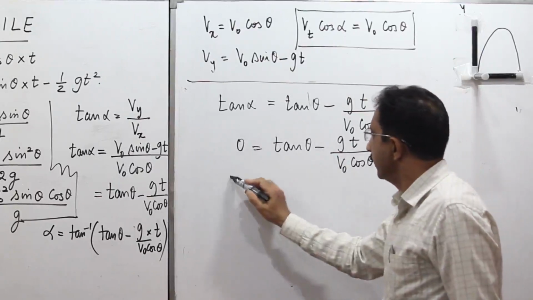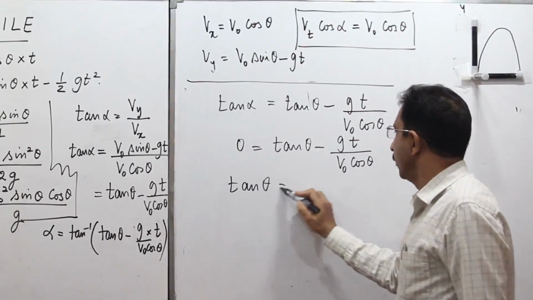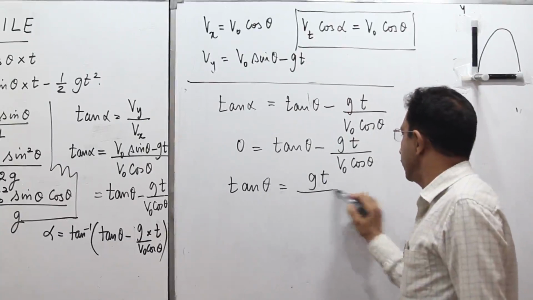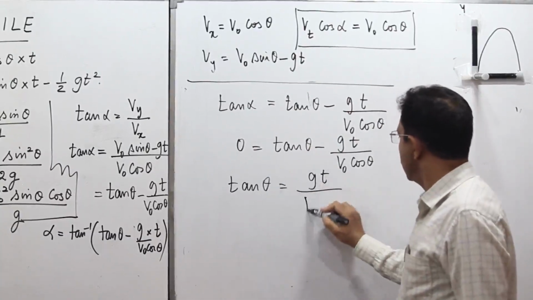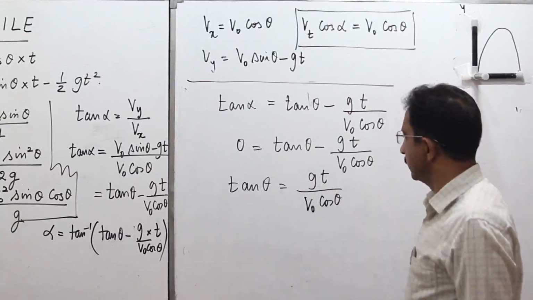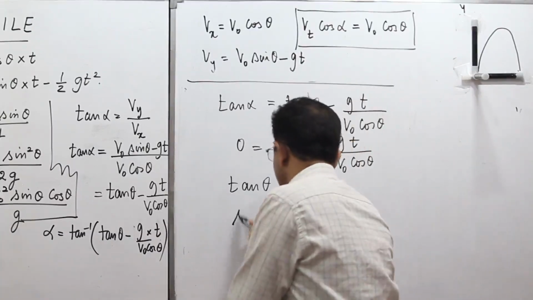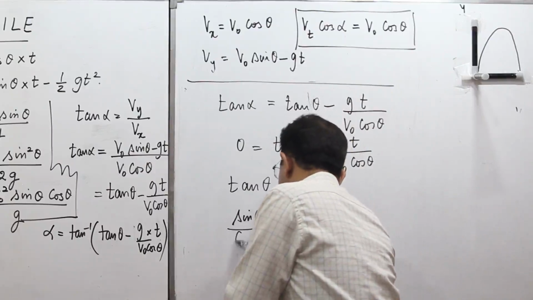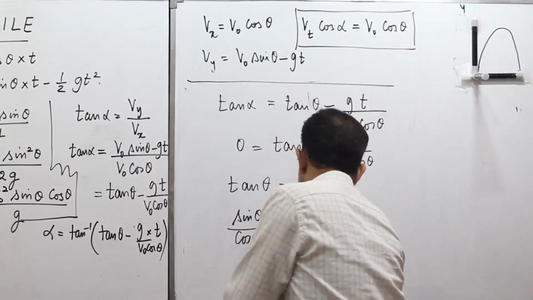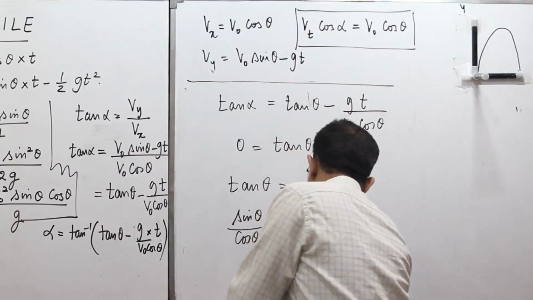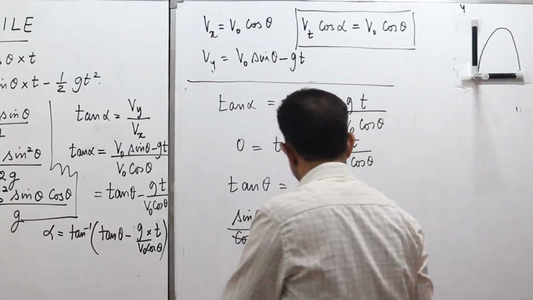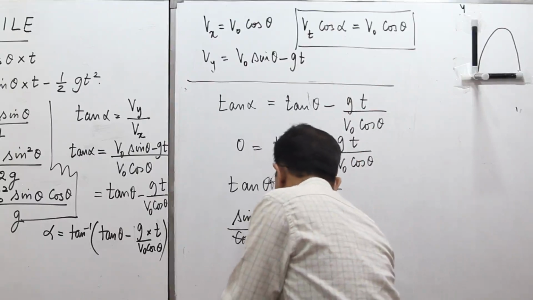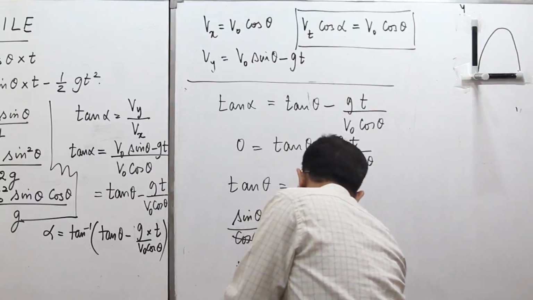I have tan theta equal to gt divided by v0 cos theta. This can further be written as sin theta divided by cos theta is equal to gt divided by v0 cos theta. Cos theta gets cancelled out on both sides, so I get t is equal to v0 sin theta divided by g.